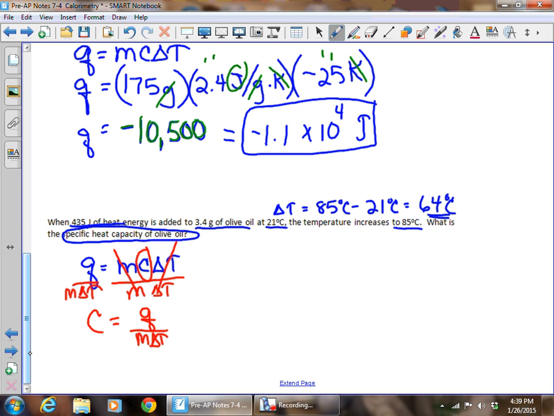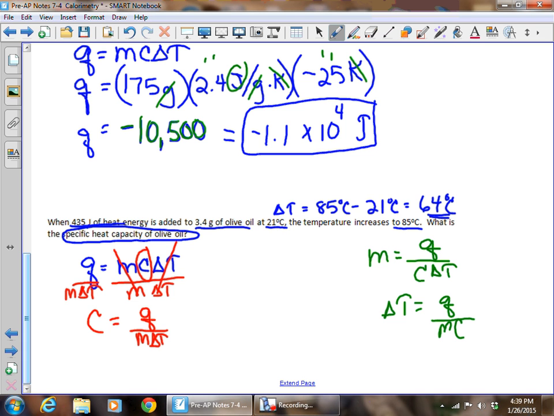When you solve this, make a note to yourself that solving for any of these, if we solve for M, we're going to get Q over CAT. We just solved for C. If you solve for delta T, you're going to get Q over MC.